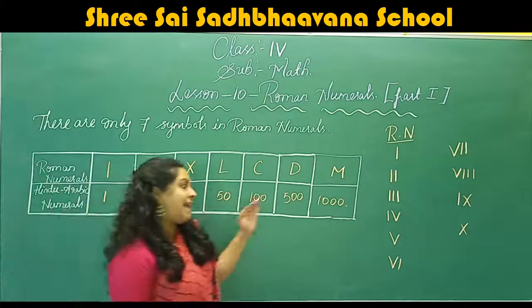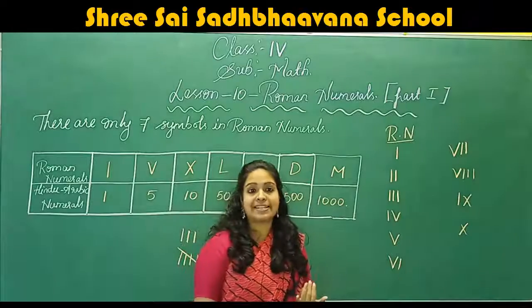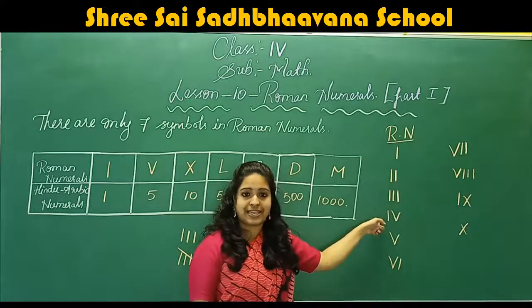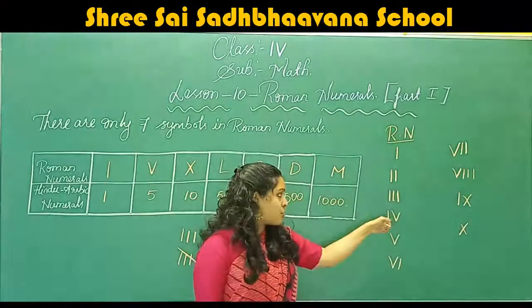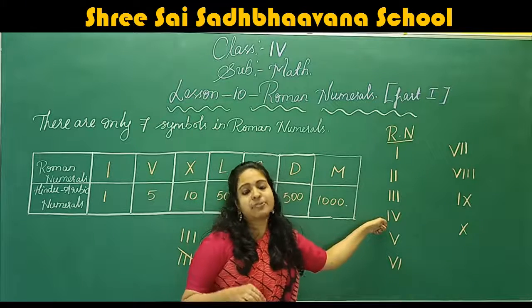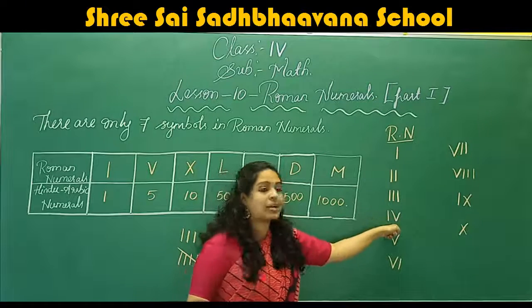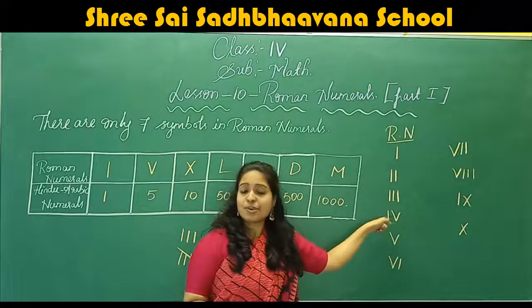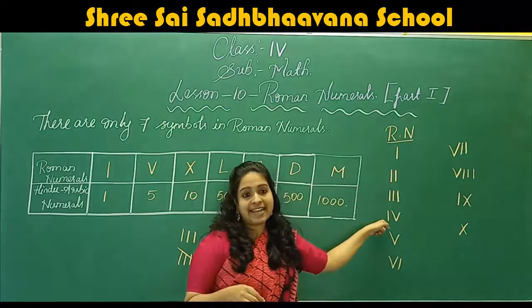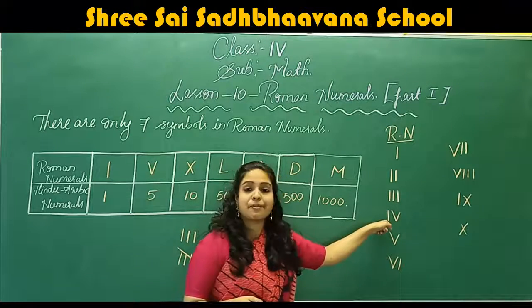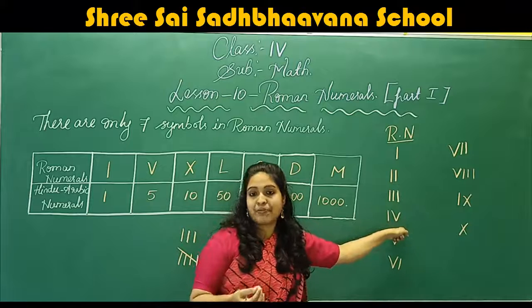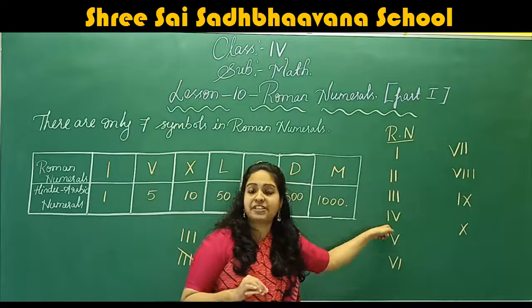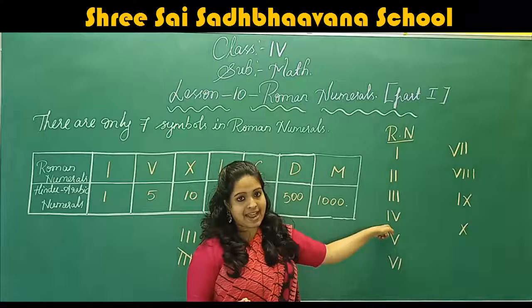If you have written the smaller number before the larger number, see in the case of 4, we have written the smaller number first and then the larger number. This indicates that you have to subtract the value of the smaller number from the larger number.